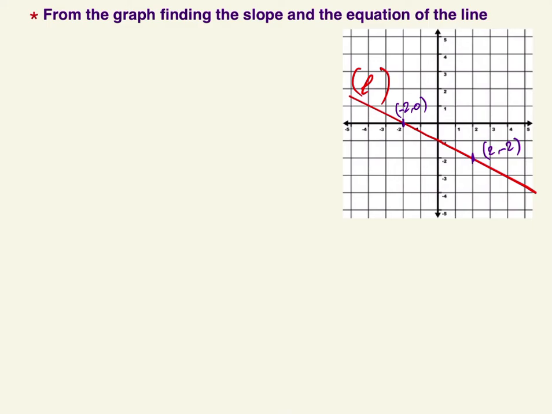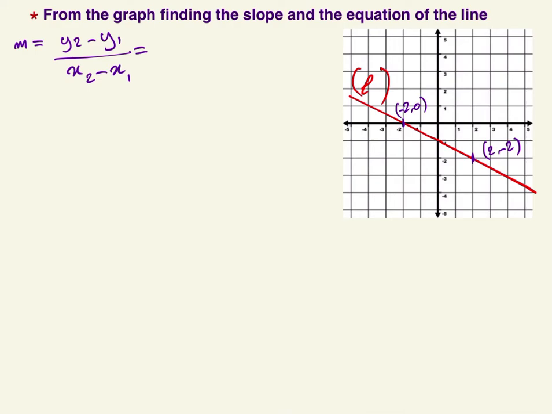Let's write it down. m is equal to y2 minus y1 over x2 minus x1, is equal to, let's do this x1, y1, x2, y2.